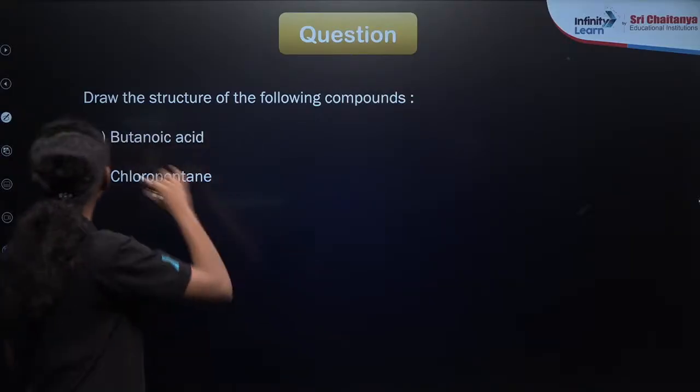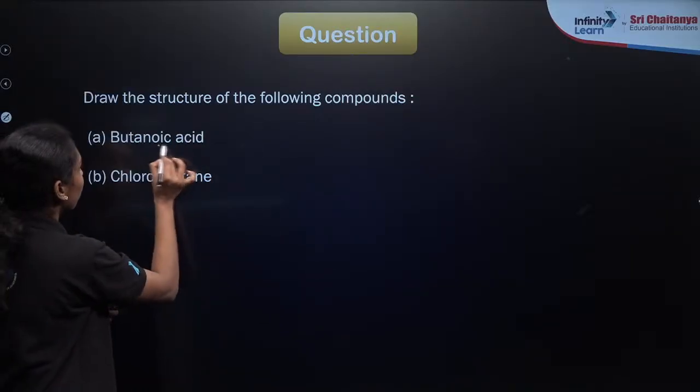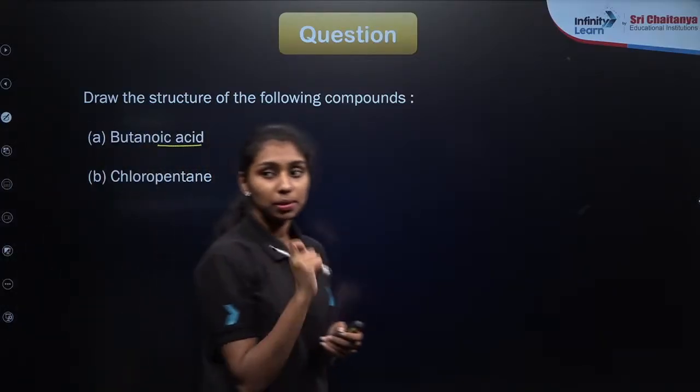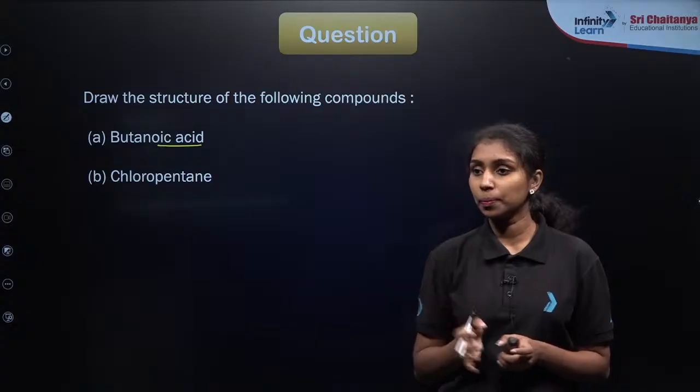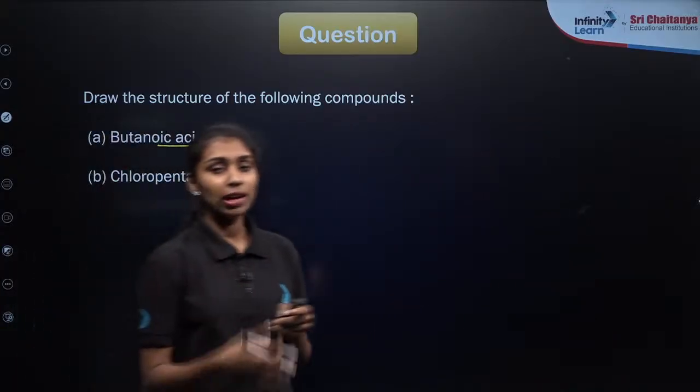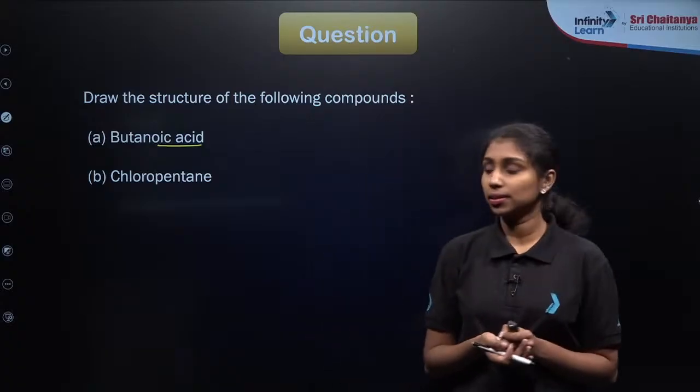Okay, what is the functional group in the case of butanoic acid? From the suffix, we can identify the functional group present. Is it alcohol, aldehyde, ketone or carboxylic acid?